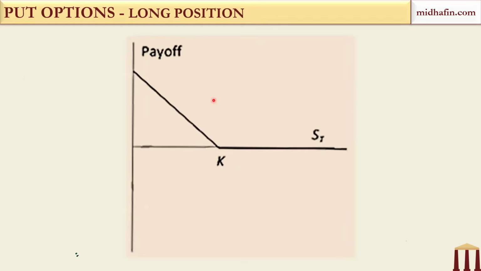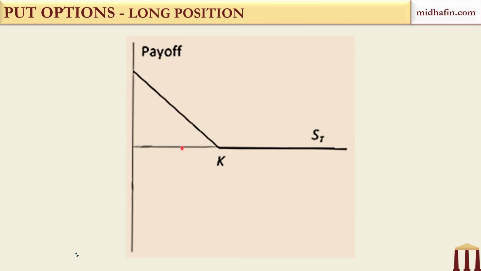Then for the long position, this is the payoff diagram. You can see there is a cap for the payoff of the long put position, which was not there for the payoff of a long call position. You cannot go beyond this because the price of the stock cannot become negative.